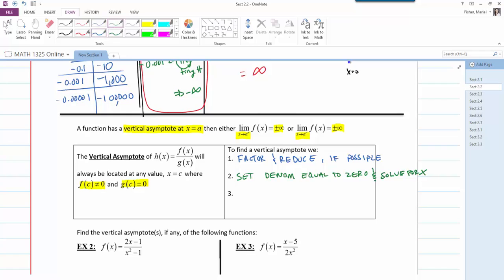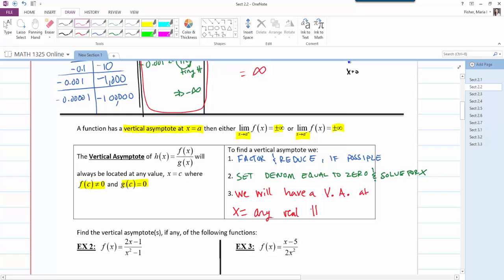And number 3, our final step is we will have a vertical asymptote, which I'm going to abbreviate V.A. We will have a vertical asymptote at x equals any real number we got from step 2.